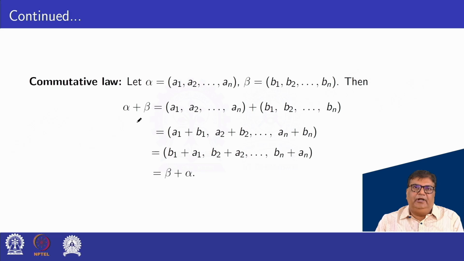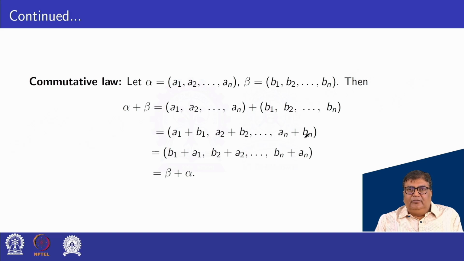Commutative law. Under addition, we have alpha equal to the n-tuple (a1, a2, and so on, an), beta equal to (b1, b2, and so on, bn). Then alpha plus beta is (a1 plus b1, a2 plus b2, and so on, an plus bn).